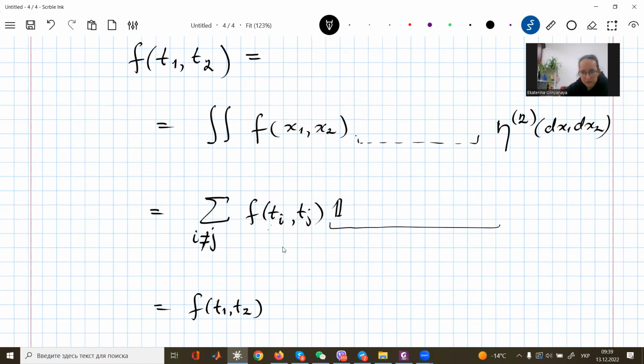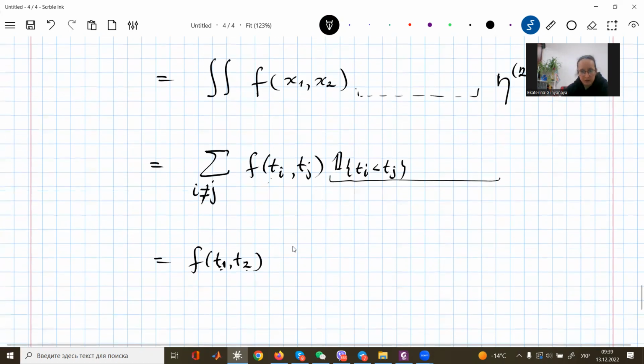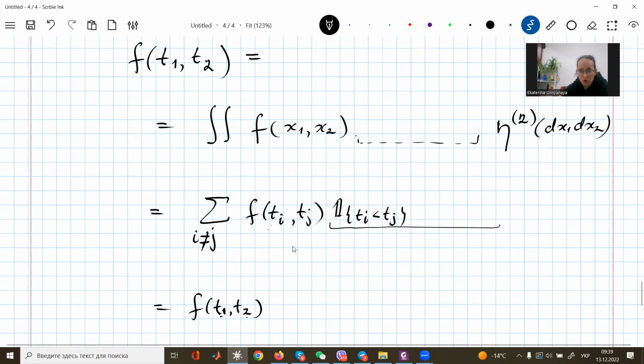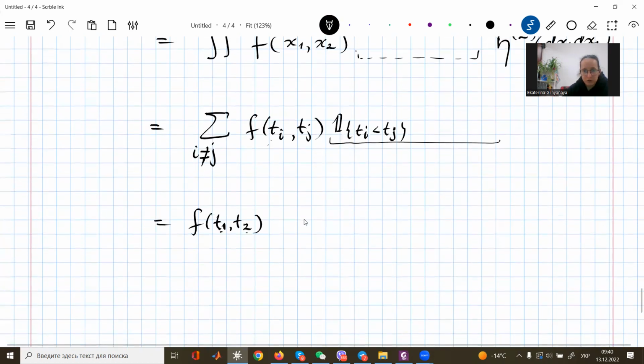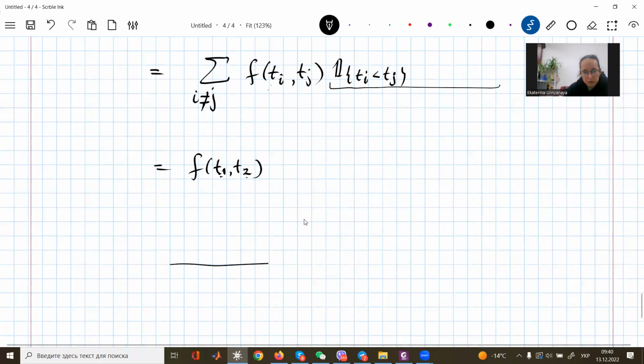So I add this indicator here, t_i less than t_j, just because I know that these points are ordered in increasing order. And again, my larger point t_j must be equal to t2.